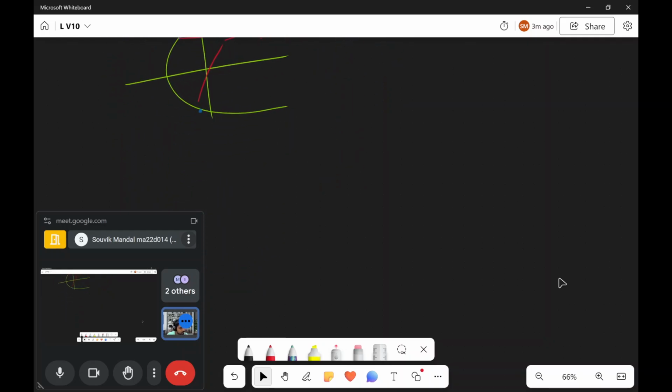So this is a real line. What we are saying is that any two points on these parabolas are equivalent.